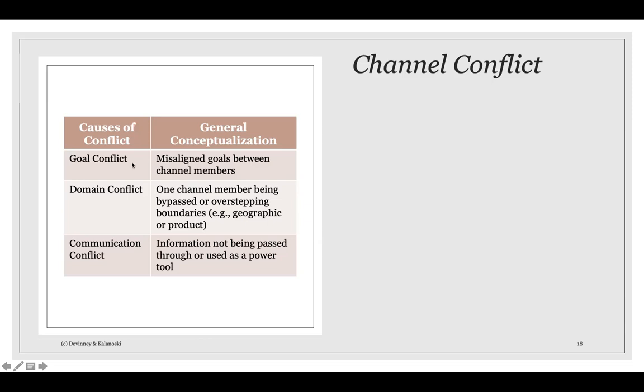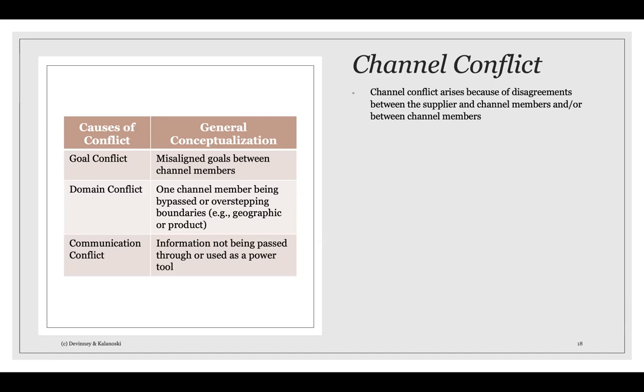This shows up in general issues. It arises in disagreements between supplier and channel members, or between channel members themselves, particularly if you have quasi-exclusive franchise operations. A McDonald's franchisee or a Starbucks franchisee doesn't want to be that close to other franchise operations.